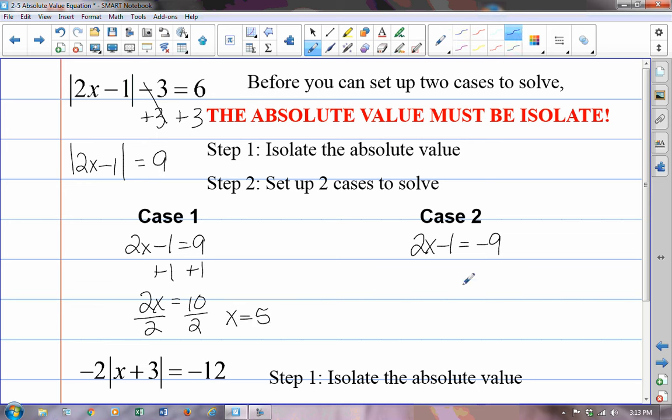In the second case, we add 1 also. 2x is equal to -8, divide by 2, and we get x is equal to -4. And you can plug those back into the original, and you will see that when we subtract 3 from the absolute value answers, you will get 6.